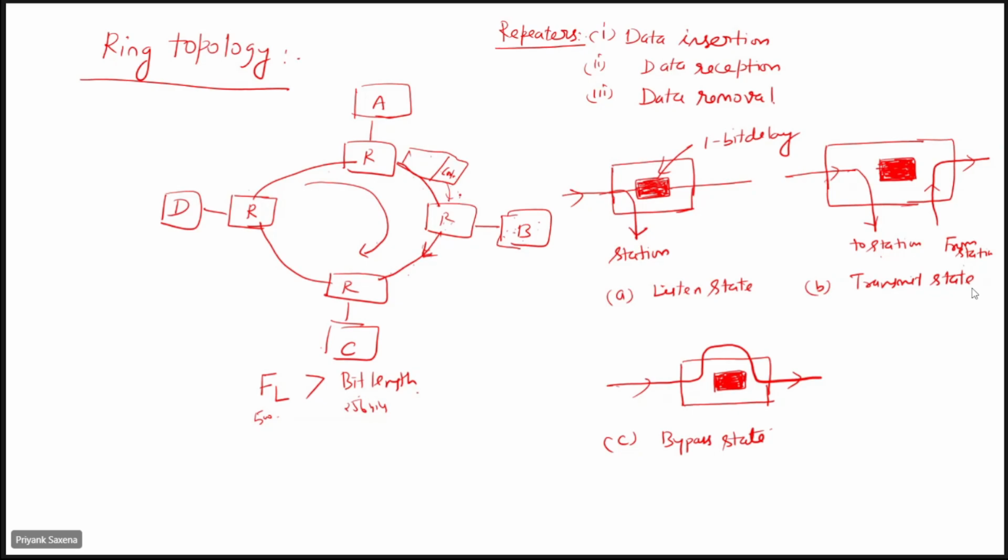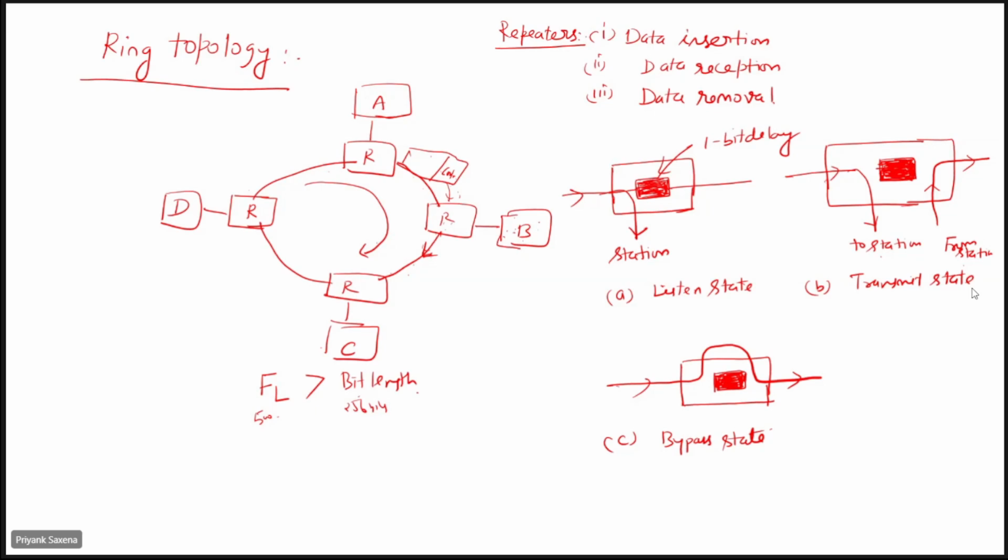I told you that once the entire frame reaches back to the source station, it serves as an acknowledgement to the source station, whether the frame is copied or not. Whether it was copied or not, whether there was any error in the frame, this is all we will discuss later. But for now, there can be two possibilities.